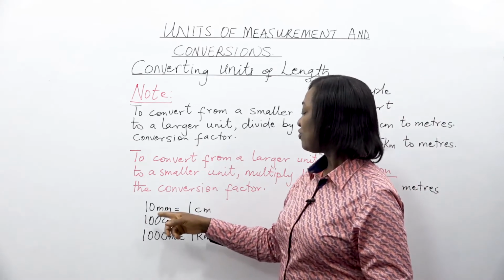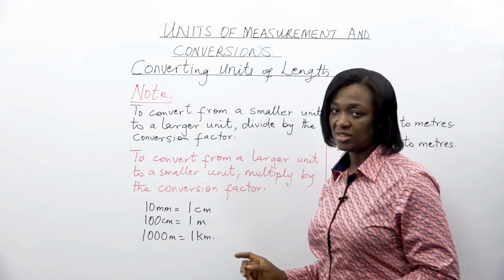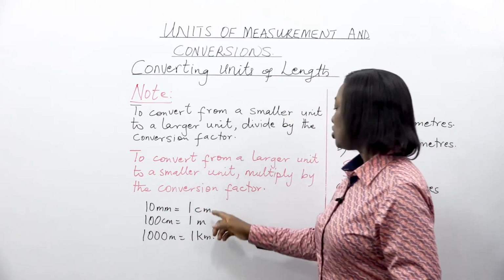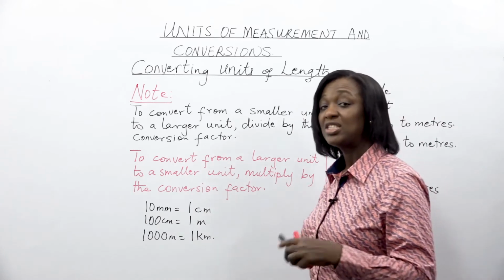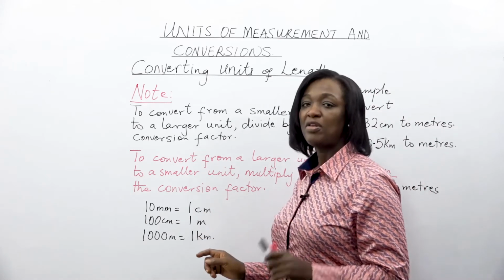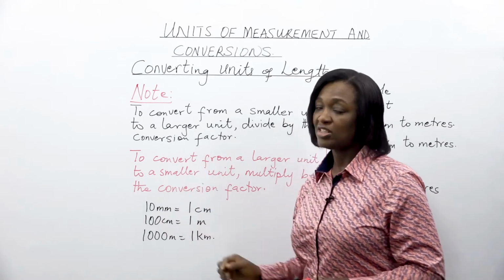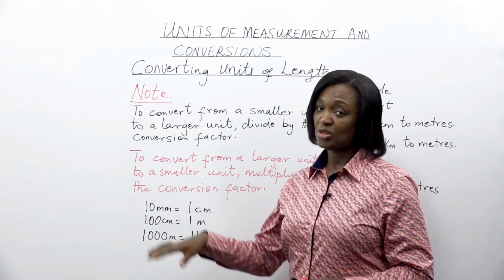If we're converting from millimeters to centimeters, that is converting from a smaller unit to a larger unit because millimeters is smaller than centimeters. But if you're converting from centimeters to millimeters, then you're converting from a larger unit to a smaller one.